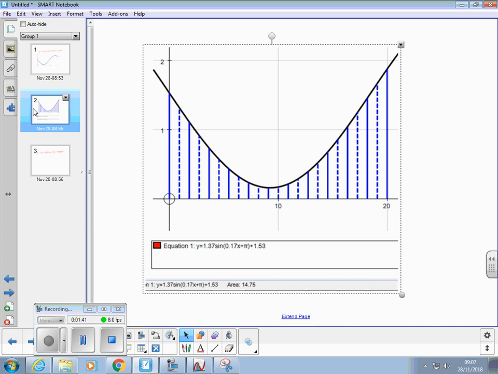We looked at how we could use Autograph to do Simpson's rule and the trapezoidal rule and vary the number of iterations. I've put the Simpson's rule version on there, and it indicates an approximate area under that curve of 14.75.